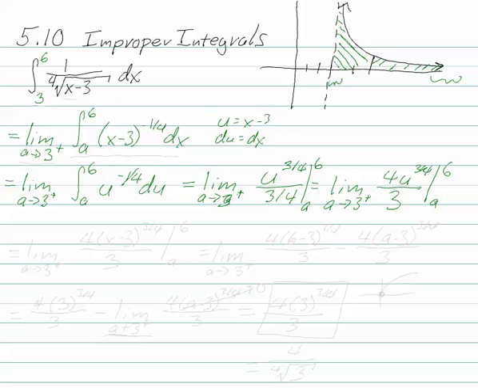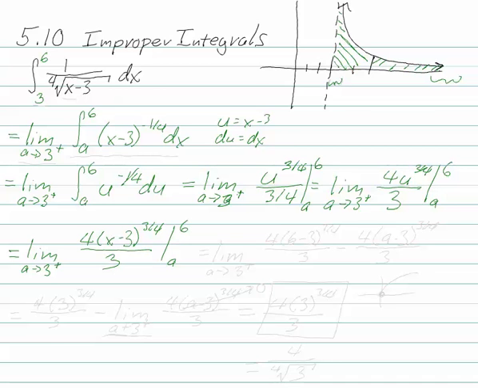So now I need to change it back to x's because I'm taking the limit as a approaches 3. So this is equal to the limit as a approaches 3 from the right of 4 times (x minus 3) to the 3/4 over 3 from a to 6.